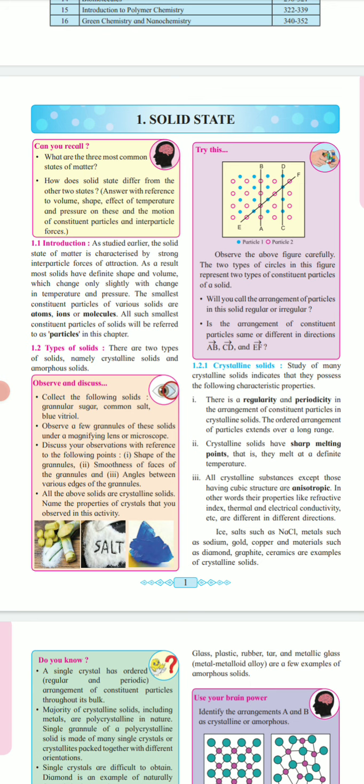In other words, their properties like refractive index, thermal and electrical conductivity, etc., are different in different directions. Ice, salts such as NaCl, metals such as sodium, gold, copper and materials such as diamond, graphite, ceramics are examples of the crystalline solid.